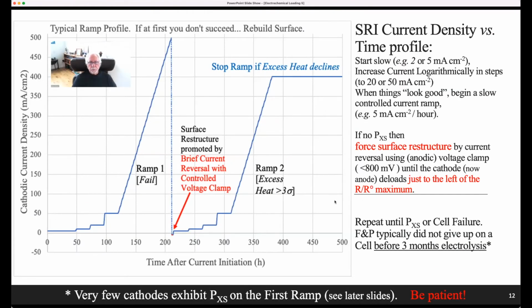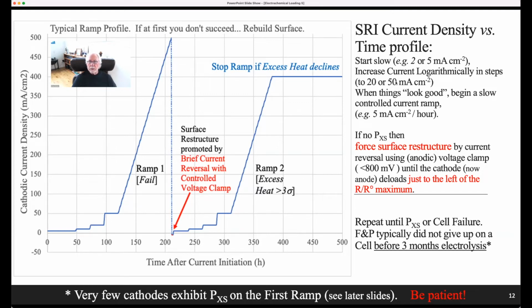This is the profile that we evolved to and then used over and over and over again. You start slow. Start your electrochemistry at 2 or 5 milliamps per square centimeter, and then step logarithmically to 5, 10, 20, 50.